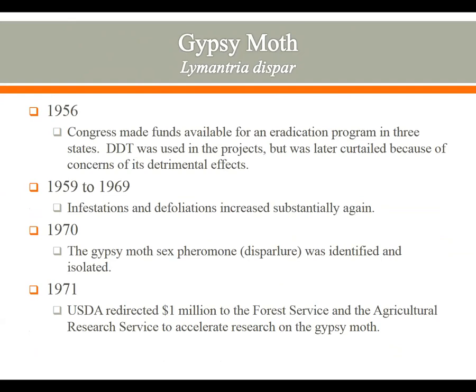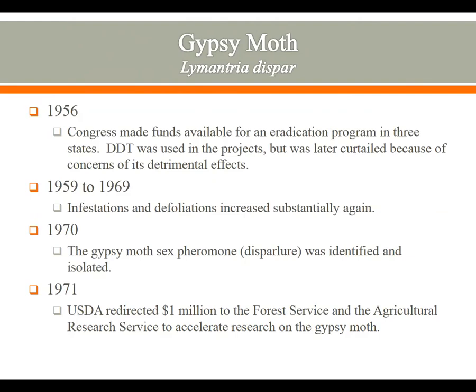In 1956, Congress jumped back into the gypsy moth problem and made funds available again for a three-state eradication. DDT was used at that time, but was later curtailed because of concerns about its effect.